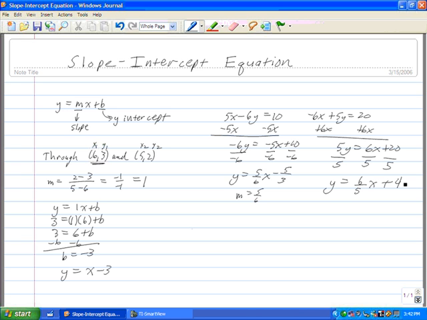Now, assuming we didn't make any sign errors, which I don't believe we did, we see that since these two slopes are not exactly the same, these lines are not parallel. Now, looking at them, these are almost going to be perpendicular lines. If one was positive while the other one was negative, I would say perpendicular. But since it's neither one, then we just say that these lines are neither parallel nor perpendicular.